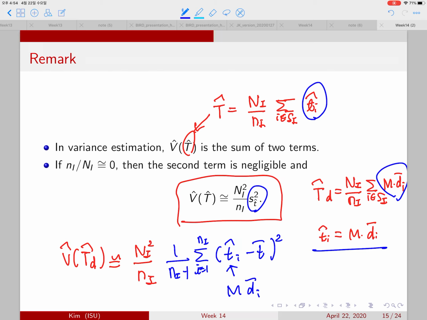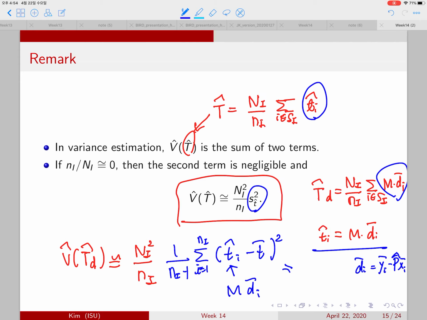But the problem is that d bar i is y bar i minus p x bar i, and you don't know p, so you need to put a hat here.